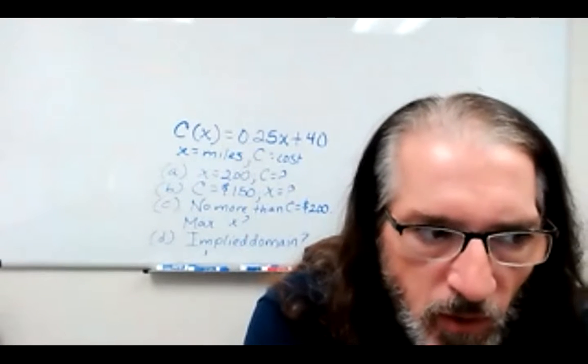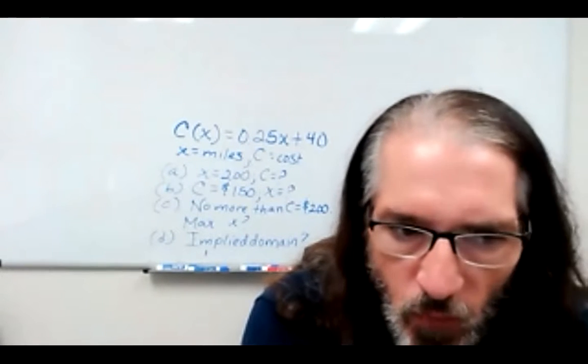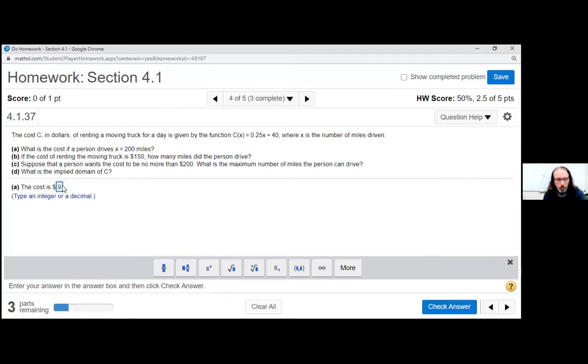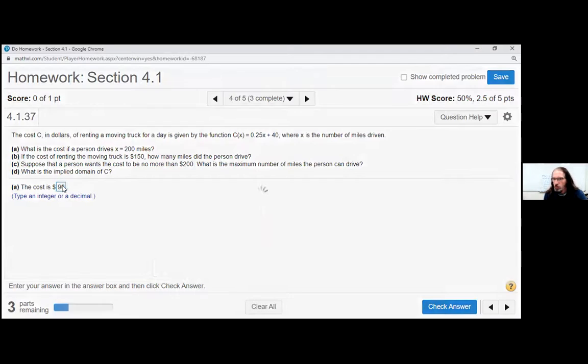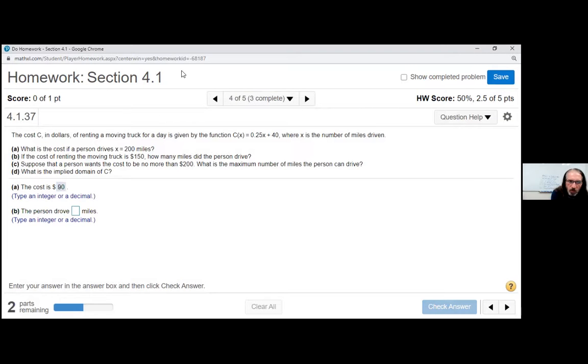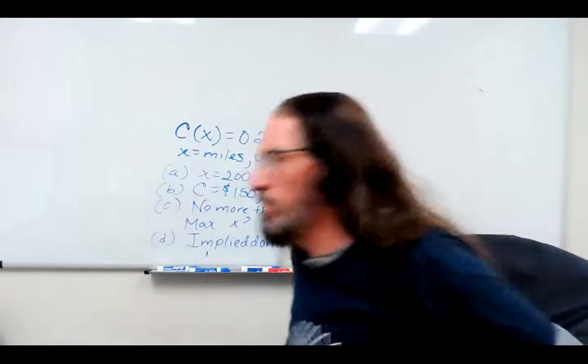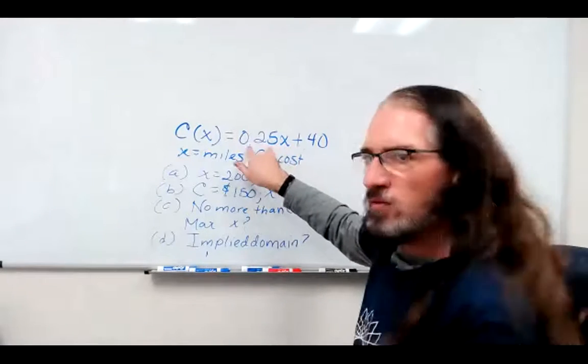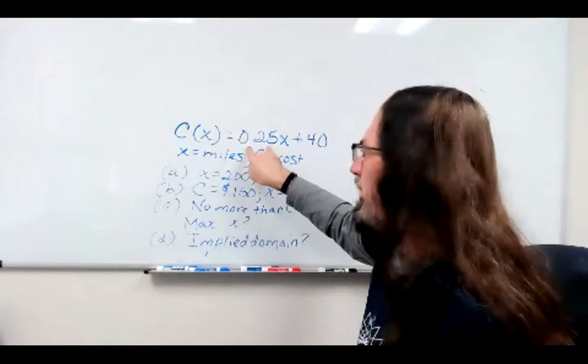Whereas the next part is going to involve some algebra because we've reversed what's given and what's being looked for. You're given an amount spent in part B, and we're asked for how many miles were driven. Now, since this is a linear function, the slope is 0.25.